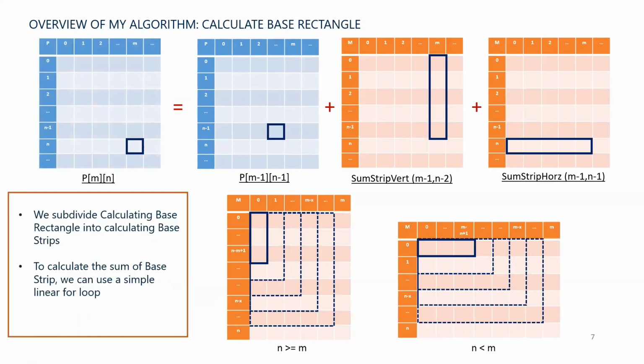Then the next problem is how to build this matrix P, how to calculate the value of each cell. We can definitely iterate over each of them and do a 2-level for loop to add each cell together. But this way, there will be a lot of repeated work.